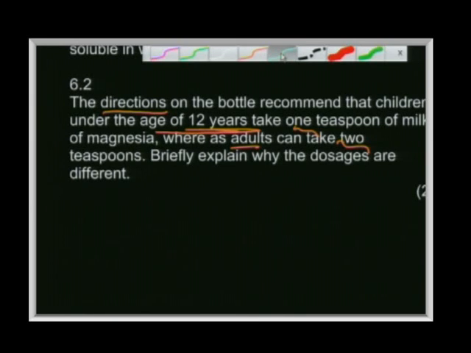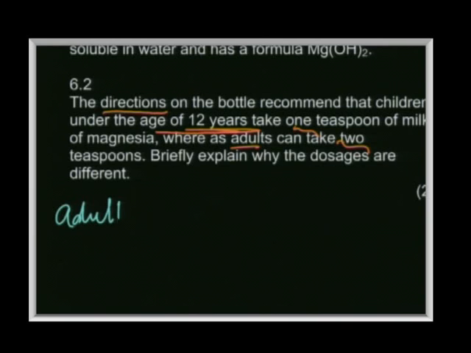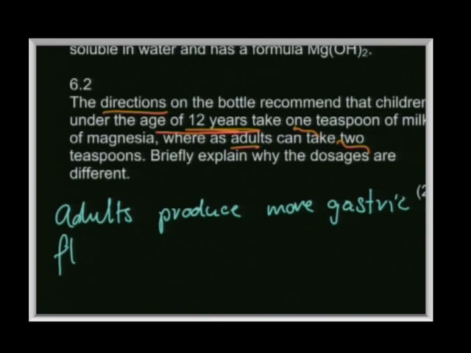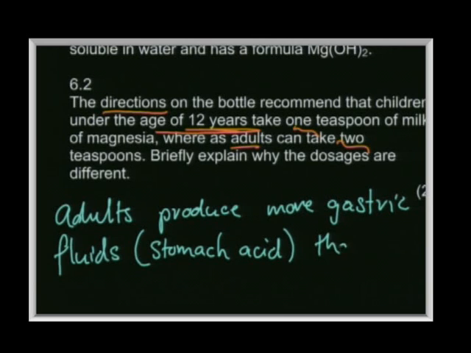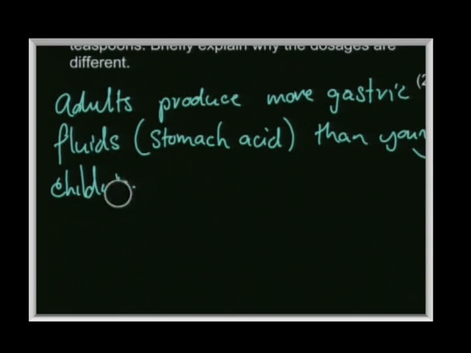So let's formulate our answer over there. You would state over here that adults produce more gastric acid or gastric fluids, and by gastric fluids I'm referring to stomach acid, than young children. Let's just correct the spelling over there.